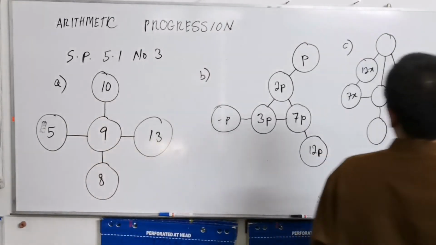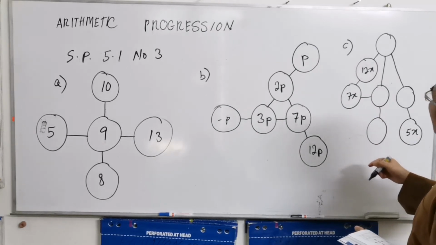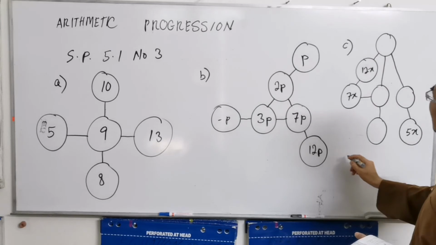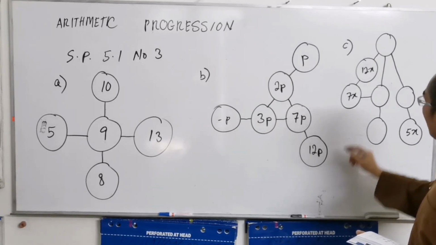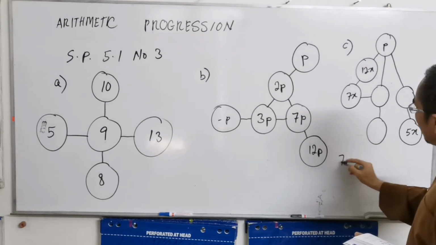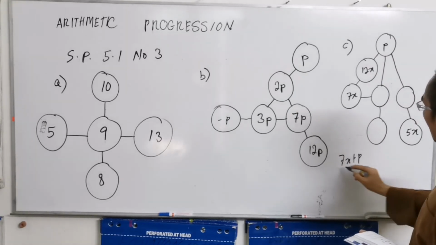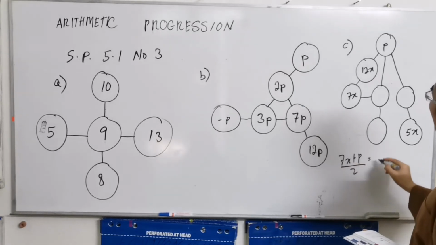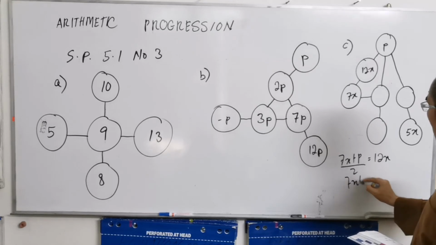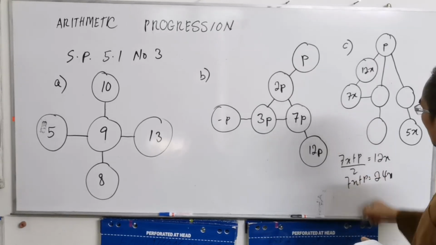Here 7x, 12x. What is here? So I need to calculate. If I put this as p here, I say 7x plus p over 2 equals 12x. So 7x plus p equals 24x, 12 times 2.